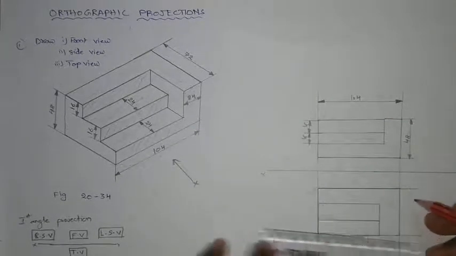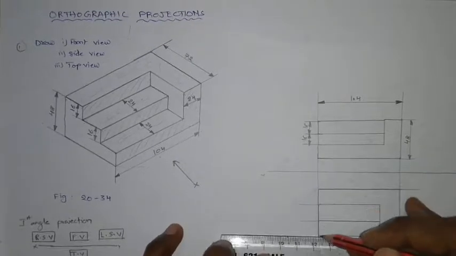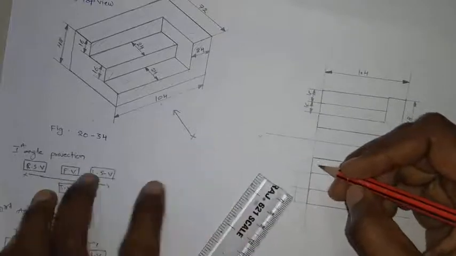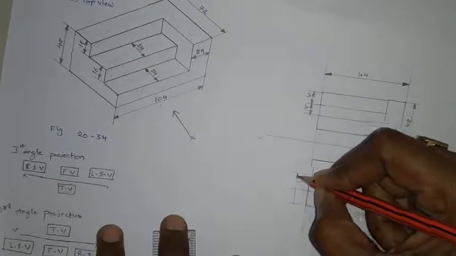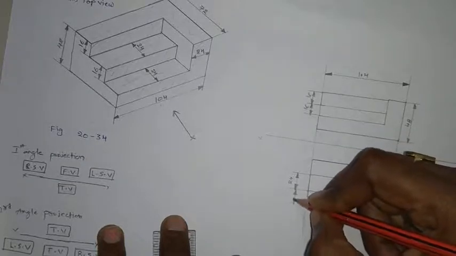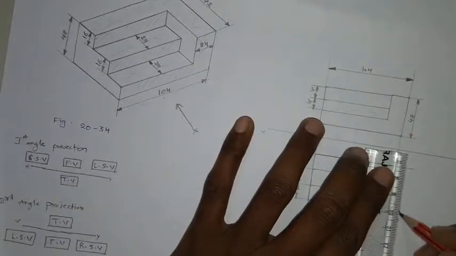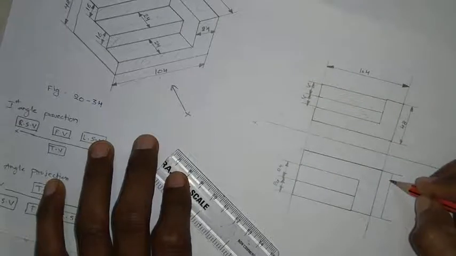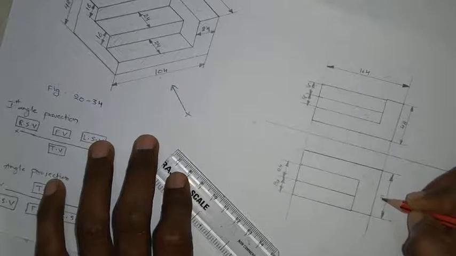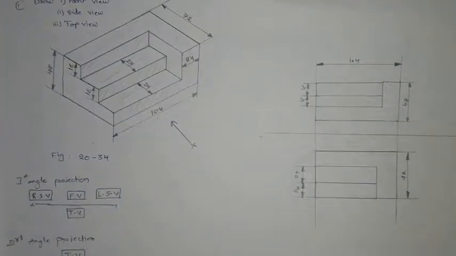This is 72, this is 24, and this is 72, like this. So we have completed the front view and top view.